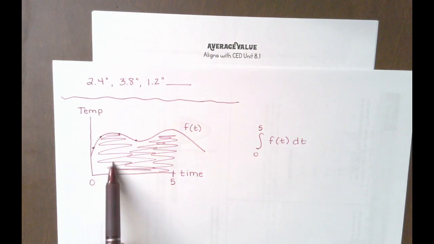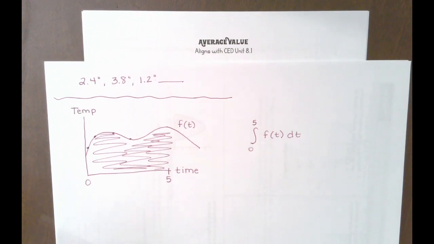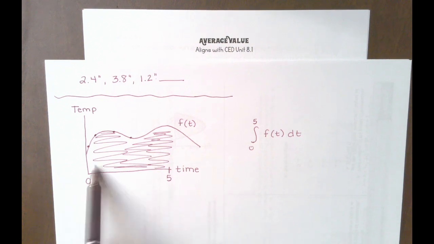And what that would tell me is the accumulation of temperature, which is a really dumb measurement. It's not really anything helpful, right? That would tell me that if I added up all the degrees on every day for 5 days, okay, this is how many total degrees my thermometer read at some point.